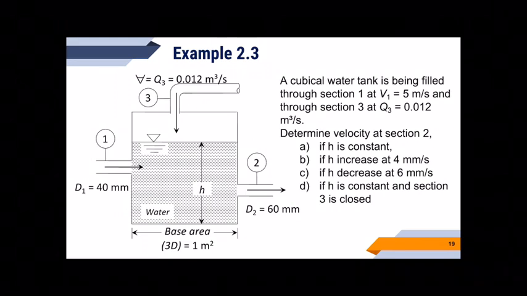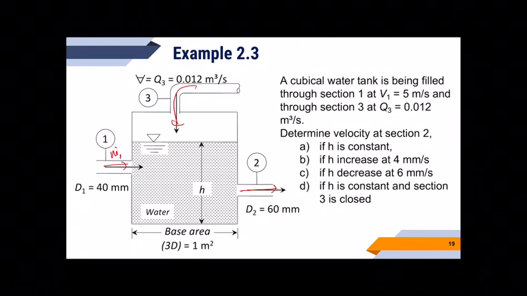Okay, let's see this example. The second example. This one is trickier than the previous example. In this question, they give us a system that has flow coming in and coming out, and basically this system here has two mass flows coming in.